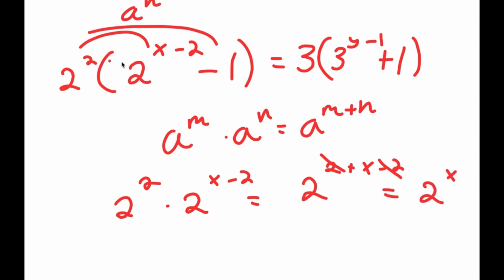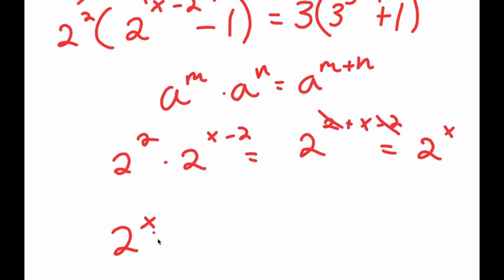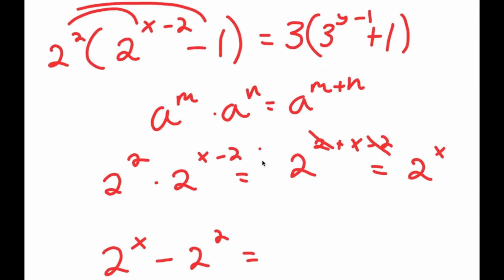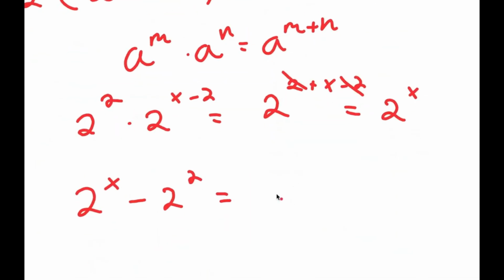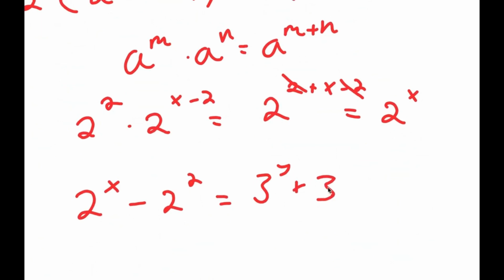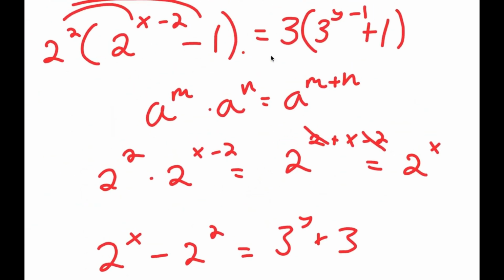So 2 squared times 2 to the power of x minus 2 is 2 to the power of x, and I have 2 squared times negative 1, which is negative 2 squared, and this is equal to 3 to the power of y plus 3. So I'm just checking if we distributed it, or sorry, if we factored out right, and it looks like we did.